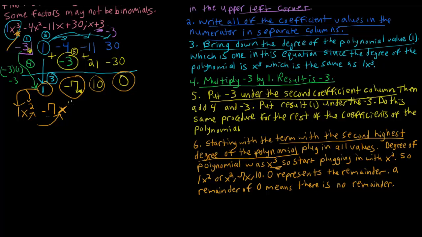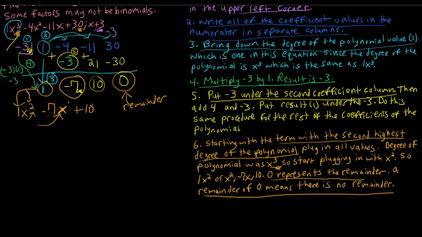And then below the x you just have a coefficient like right here, so -7x plus 10, and in this case the 0 right here is the remainder, and like we put here, 0 represents the remainder. A remainder of 0 means there is no remainder, so we don't have to worry about that.